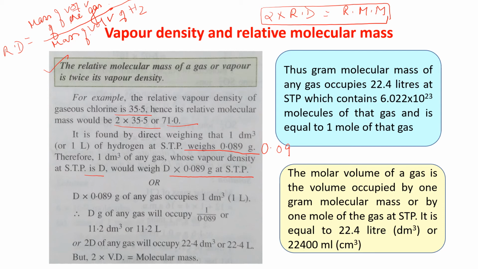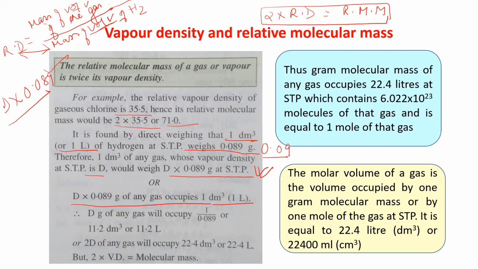If this volume is 1 liter, as written here, 1 decimeter cube, that means 1 liter of hydrogen at STP weighs 0.09. So the mass of any gas whose vapor density is given, suppose D, will be D into 0.089. From there we got D into 0.089 gram at STP, or we can say that D into 0.089 gram of any gas occupies 1 decimeter cube or 1 liter.